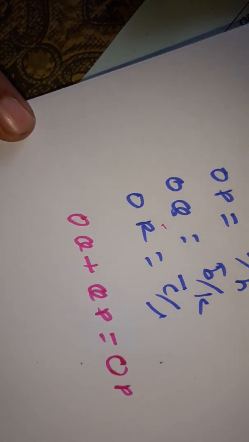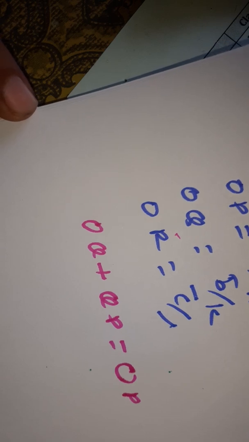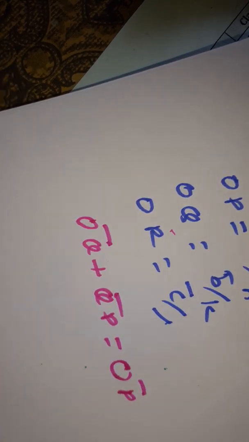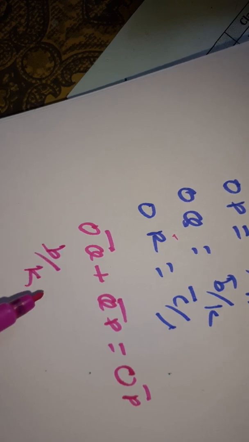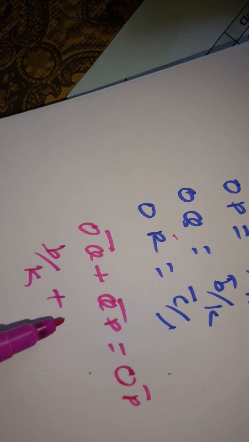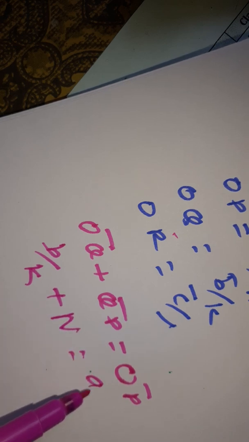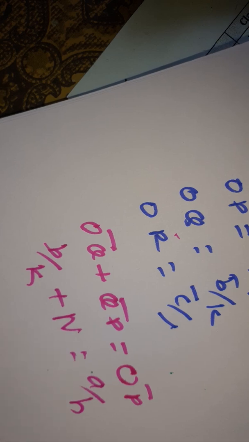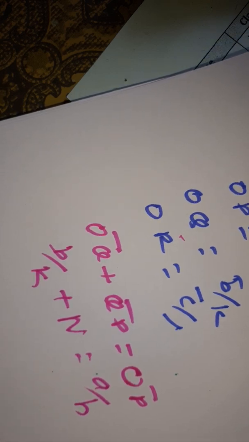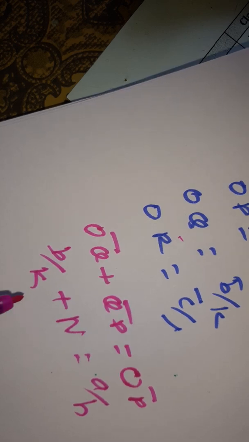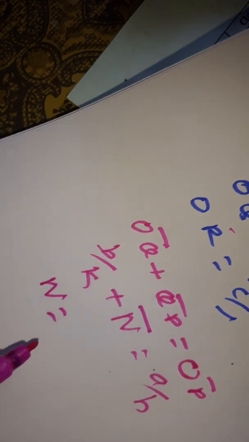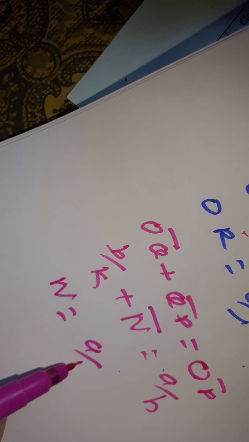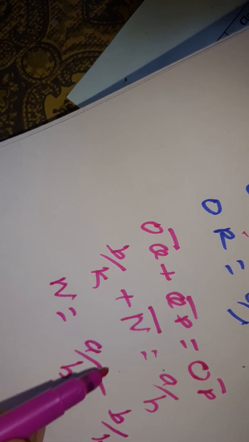OQ is equal to B upon K, QP is nothing but n, and OP is nothing but A upon H. So we got this. Now write the equation for n. So n is equal to A upon H minus B upon K.